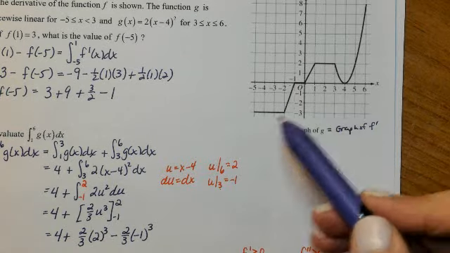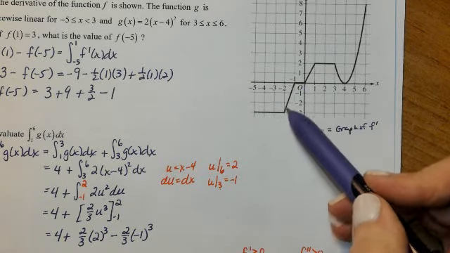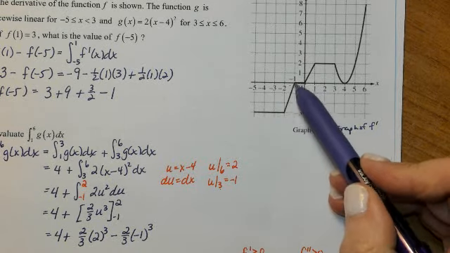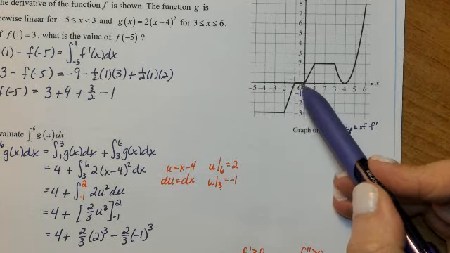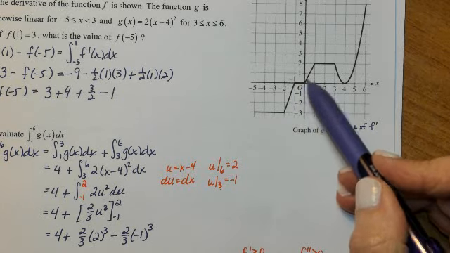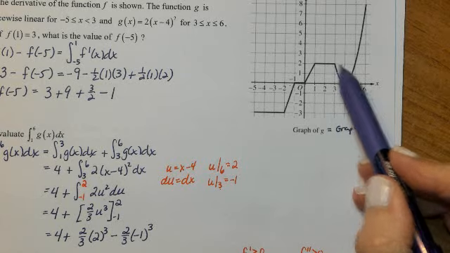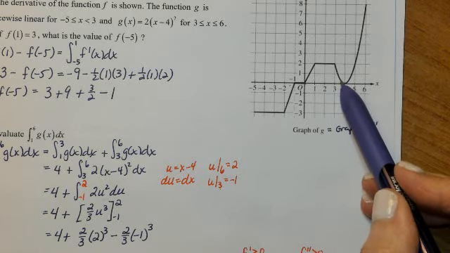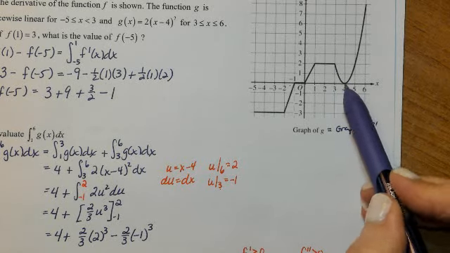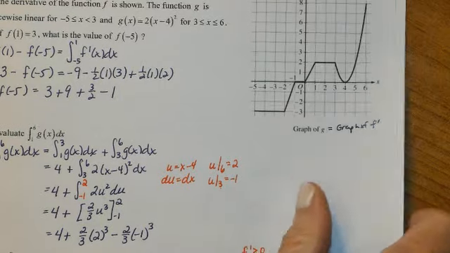It has to be positive to negative or negative to positive. So no sign change here. No sign change here. No sign change here. None here as well. The only sign change in the slope occurs at x equals 4. So I will say that.